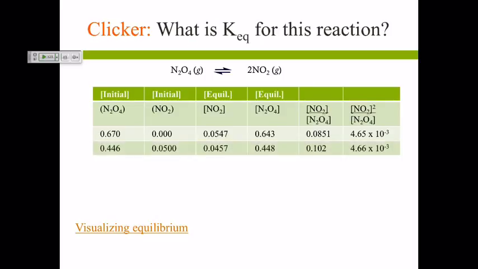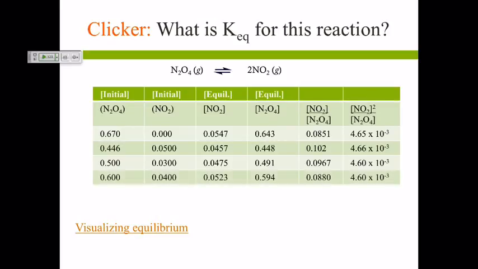Let's look if we start with a mixture of reactants and products. We start with a different mixture, and if we start with only NO2. Which one of those ratios holds constant regardless of what we start with?